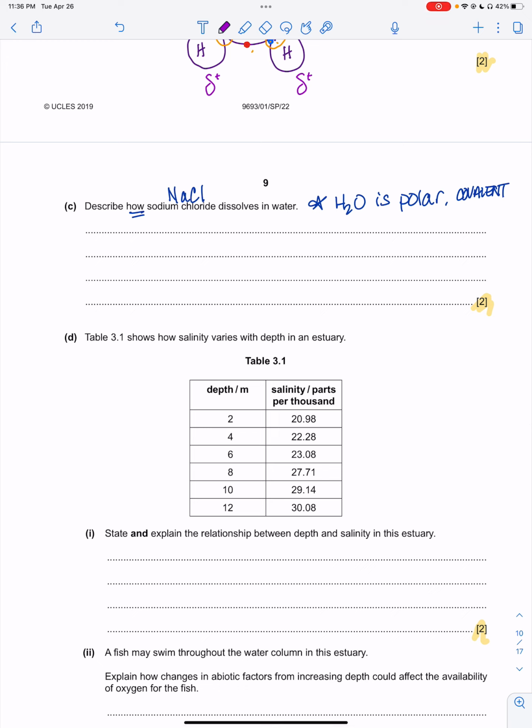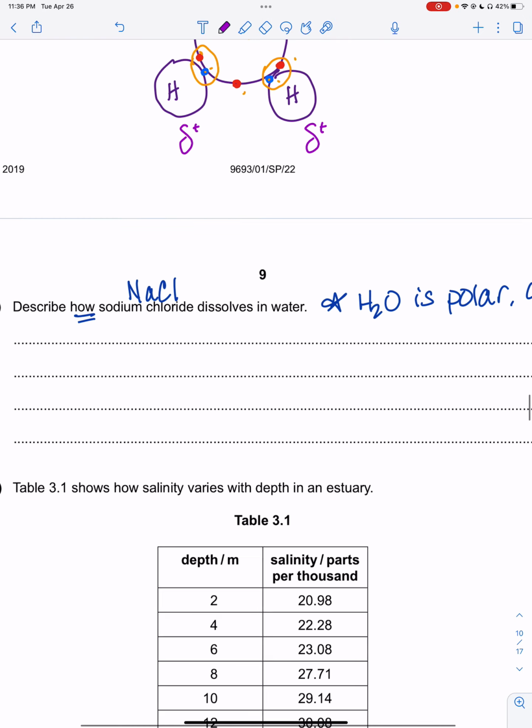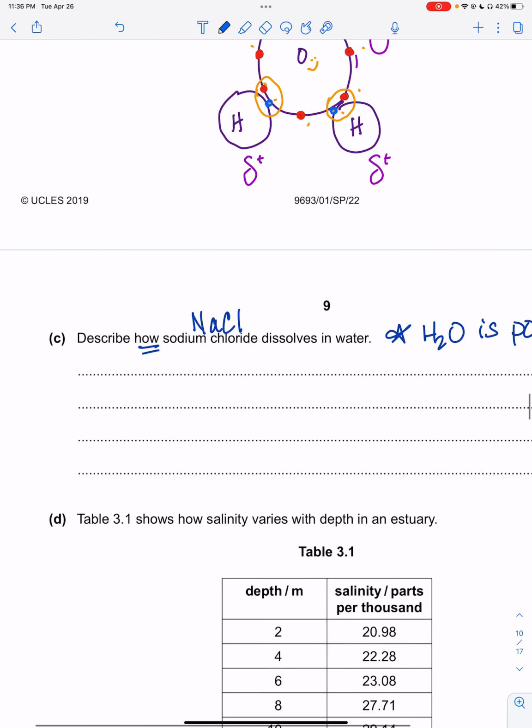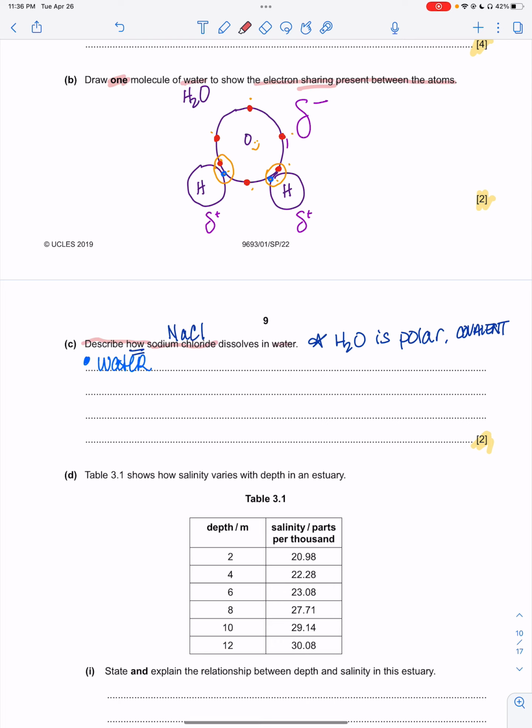Okay, a question you've had a bunch of times, where water is polar: describe how NaCl will dissolve in water.